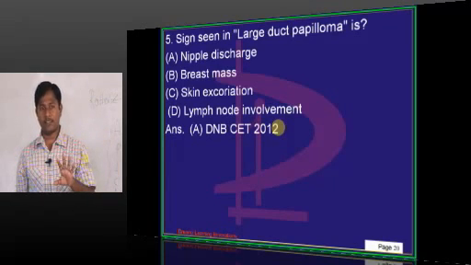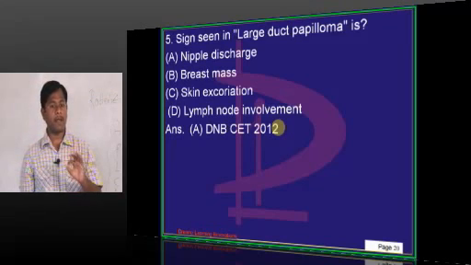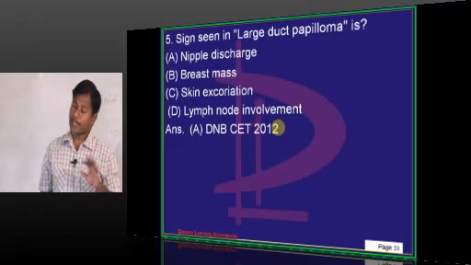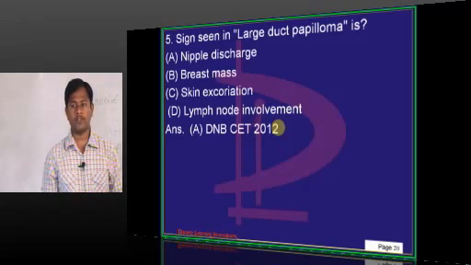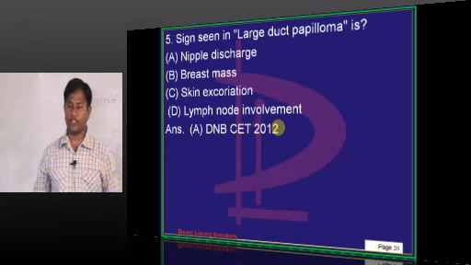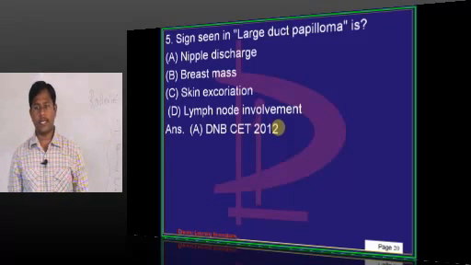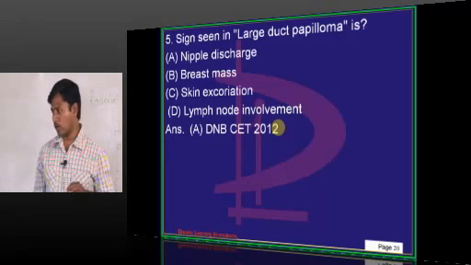For all discharges, the most common cause is papilloma, except for green discharge. The most common cause of a green discharge is ductectasia. Other than that, it is the duct papilloma which produces the most common discharges.